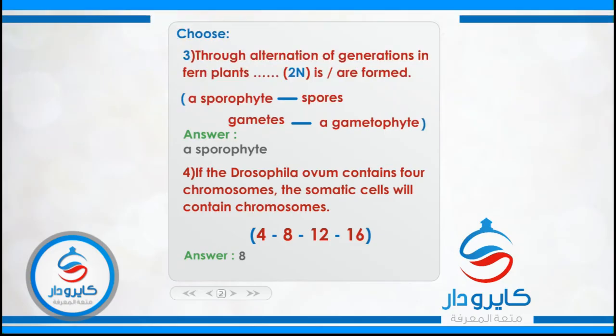The chromosomal structure of the Drosophila male is 6 plus XY, but the chromosomal structure of the female is 6 plus XX. So the ovum is 3 plus X in the case of the female, but the sperm is 3 plus X or 3 plus Y. So the male gametes and the female gametes are 4, but the somatic cells are 8.